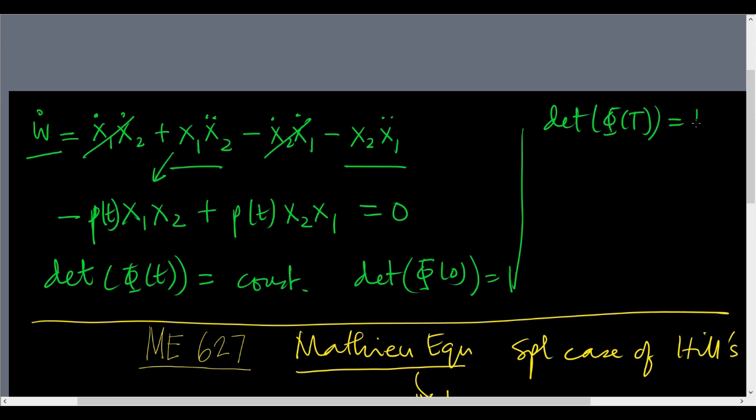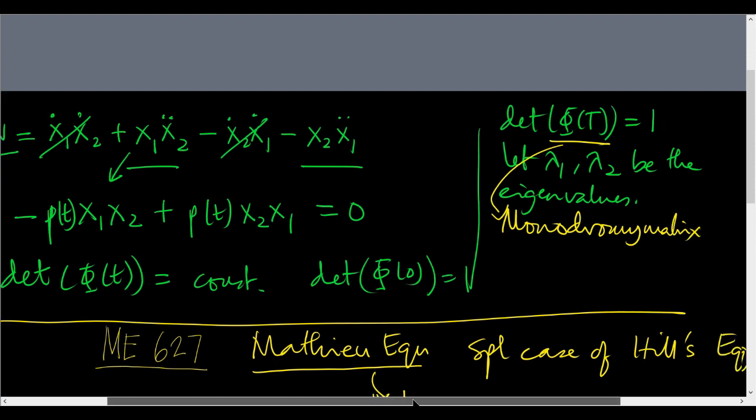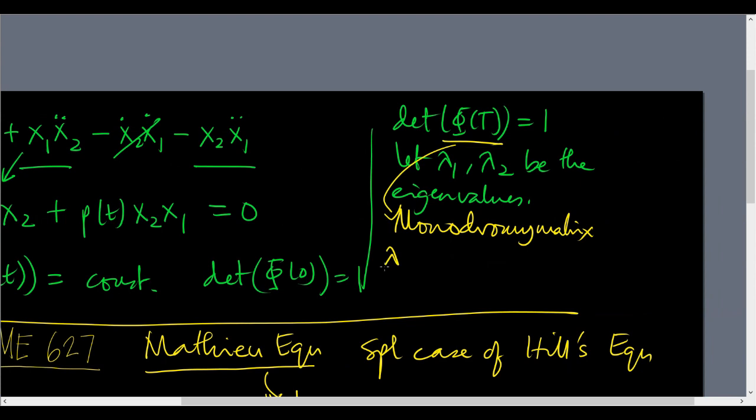That means the determinant of phi of t equals 1. Let lambda 1, lambda 2 be the eigenvalues. I'll remind you that this phi of t is the monodromy matrix. So what does that mean? That means that lambda 1 times lambda 2 is equal to 1.